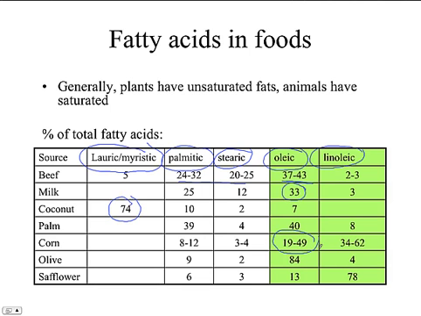Olive oil, on the other hand, contains a fairly large amount of monounsaturated fatty acids, with oleic acid as the predominant fatty acid. And olive oil actually has a much better omega-6 to omega-3 ratio. It's about 4 to 1. Finally, safflower oil has been gaining popularity as a useful oil.